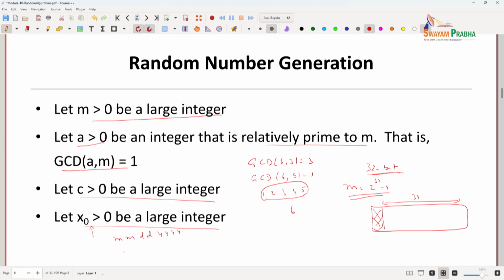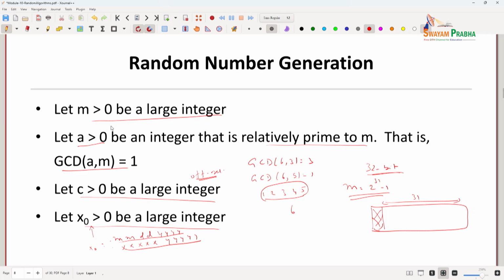You have a 10-digit telephone number, so it could be a 10-digit number. This could be utilized as the initial condition x naught. c is another large integer, called the offset parameter. a is a multiplying factor.